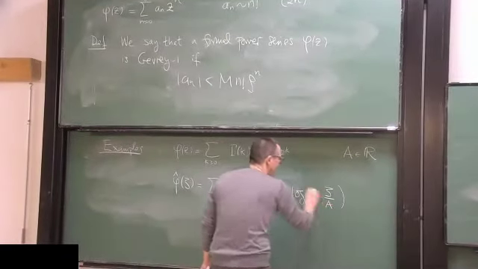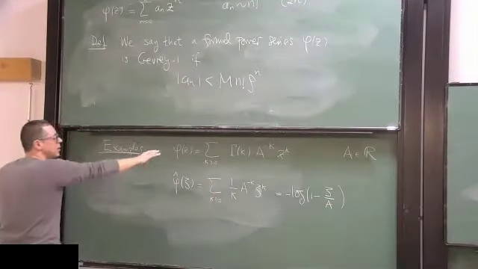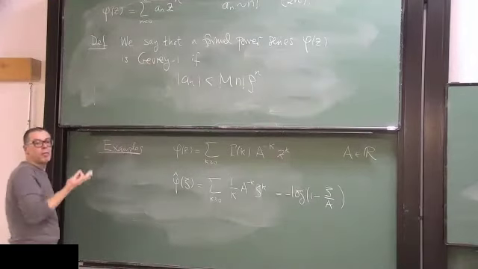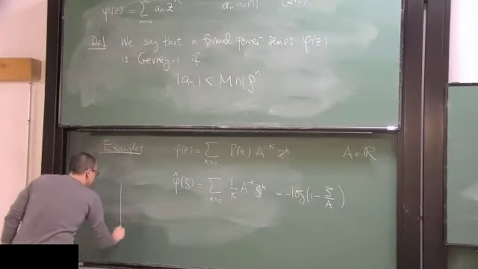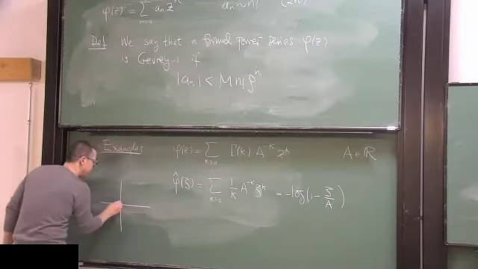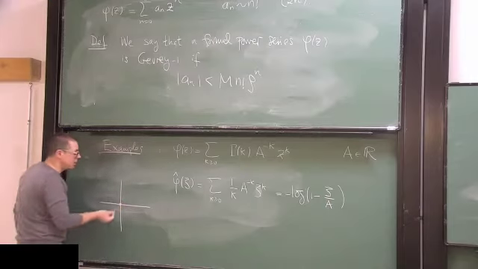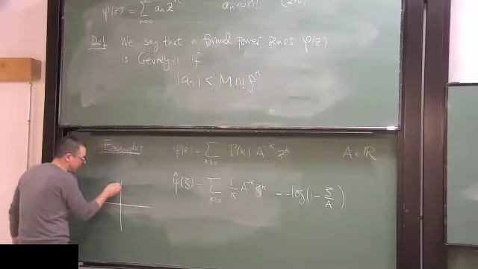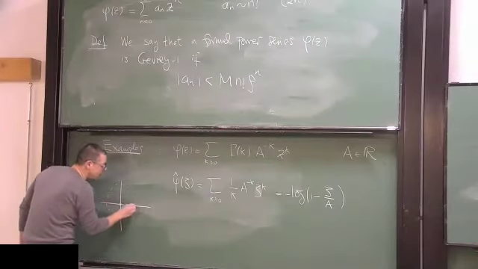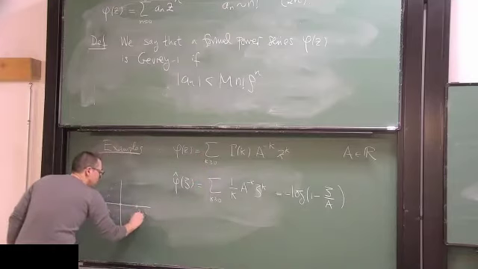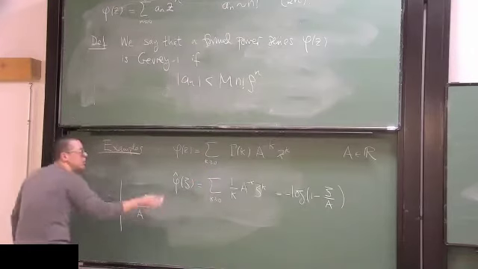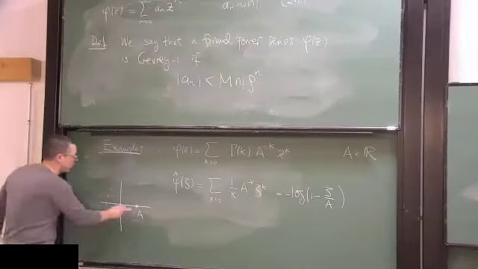So you see that we started with a formal power series, which is divergent, and now we get a function which is analytic at the origin, and not only is it analytic at the origin, it has a finite range of convergence. Let's assume that a is a real number, and suppose that it's positive.